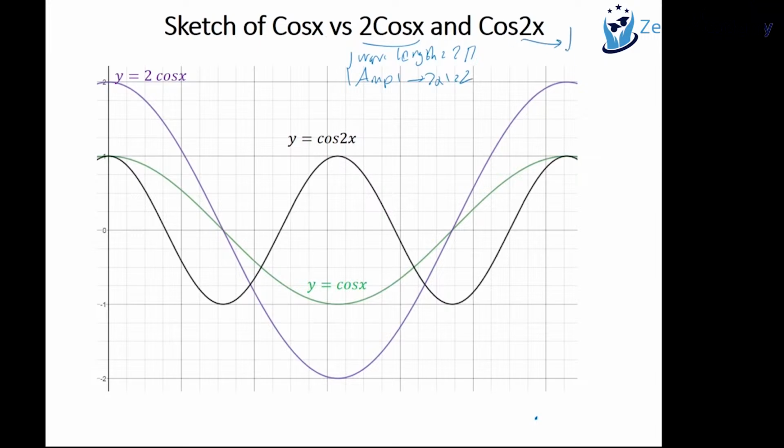For cosine 2x, wavelength is 2 pi over 2, or pi. Amplitude is still 1.